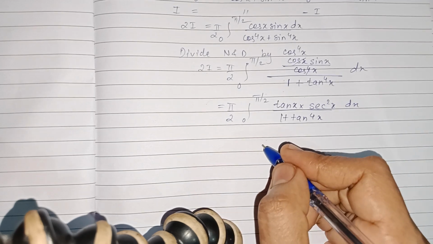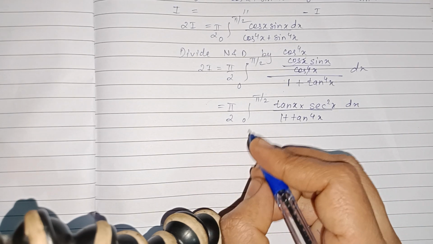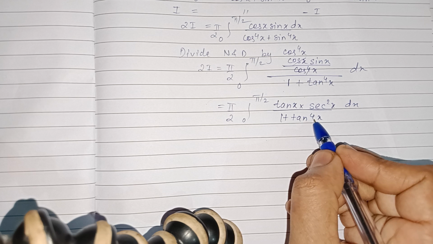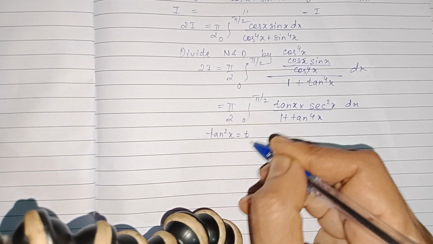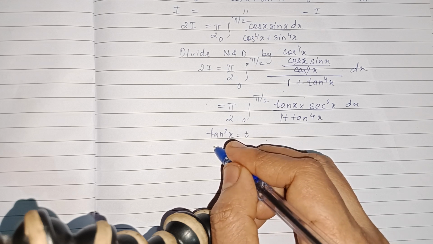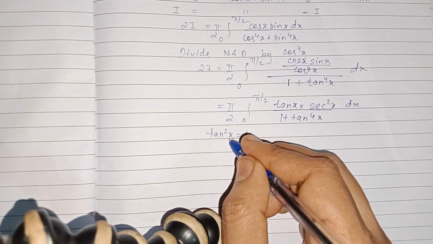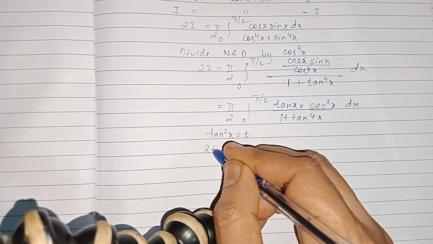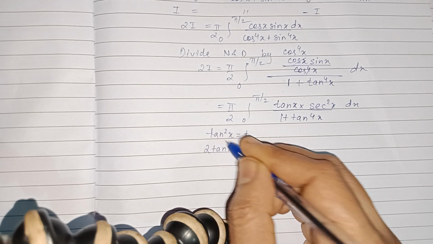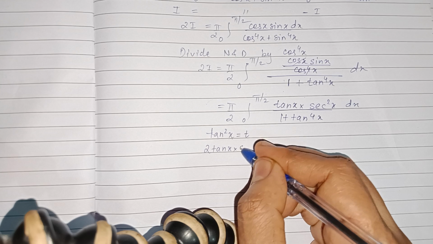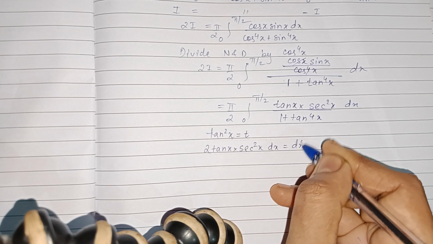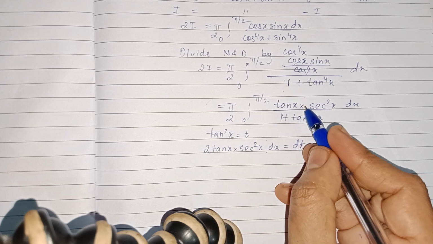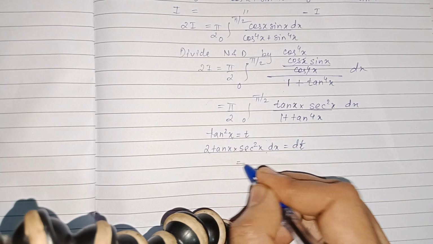So here we can make a substitution for tan square of x. Okay. So the derivative of tan square x is 2 tan x into the derivative of tan x, which is sec square x dx, dt. Okay, so we get the numerator term.